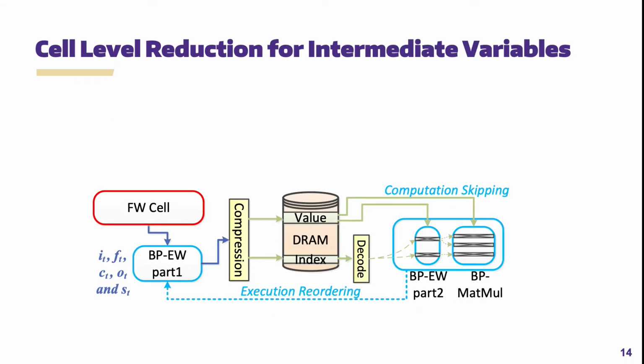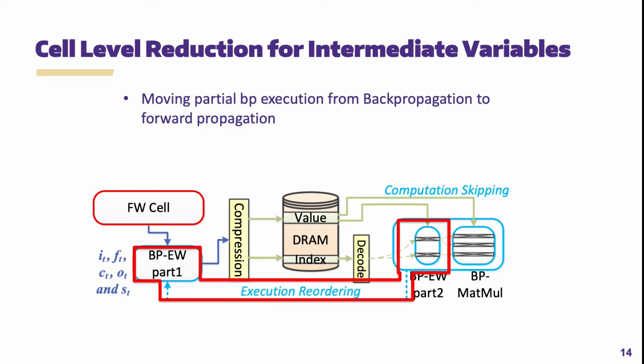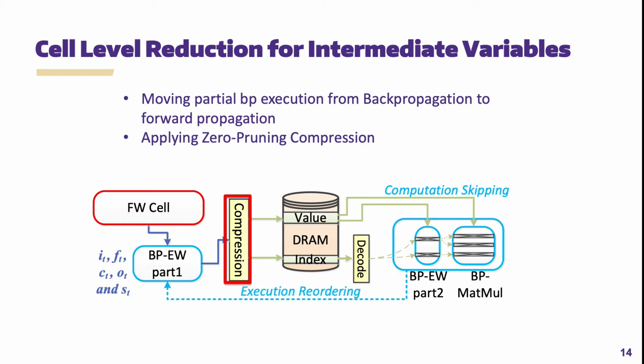Therefore, we propose our cell level reduction, which contains moving forward those partial backpropagation executions that require only the forward variables, applying zero pruning compression on these executions and saving both value and index into the DRAM.